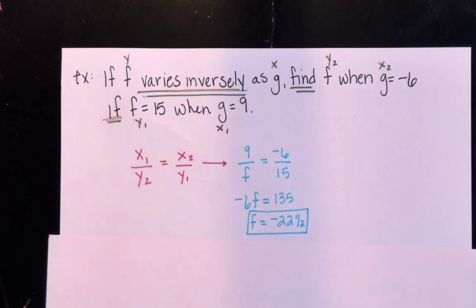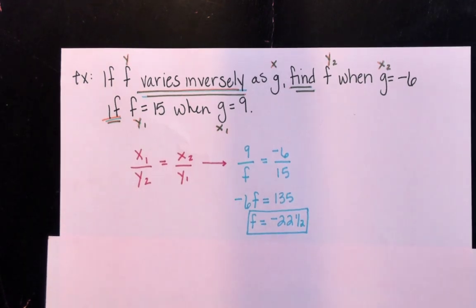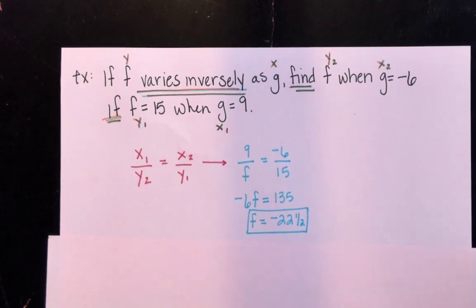The labeling is, again, probably the hardest part. Okay, so just like our direct variation, we've had the practice problems for us to kind of see how this is set up.